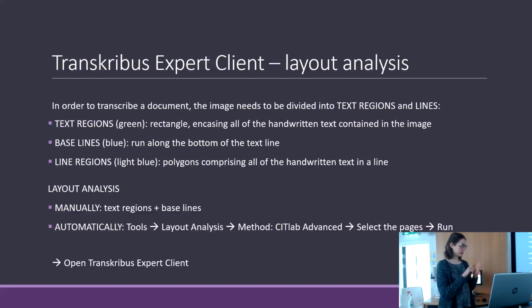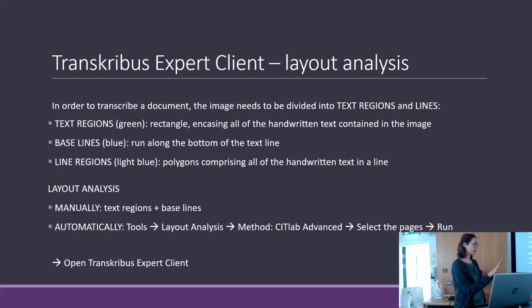There are three elements that are important. Text regions, highlighted in green, are normally a rectangle encasing the whole of the written text contained in the image. If it is a single page photo, you have only one text region.